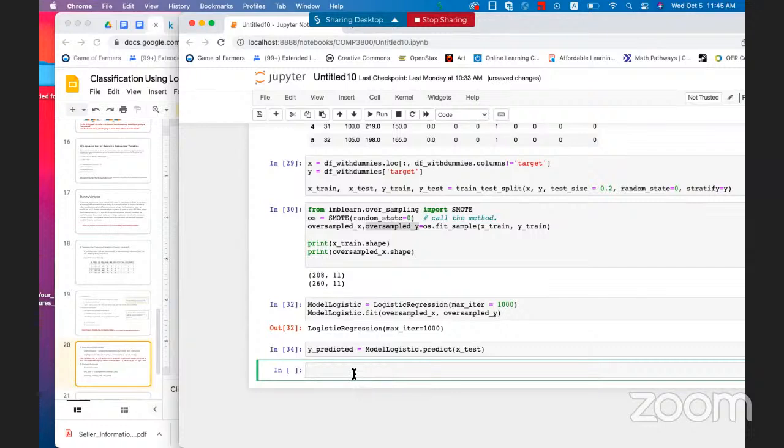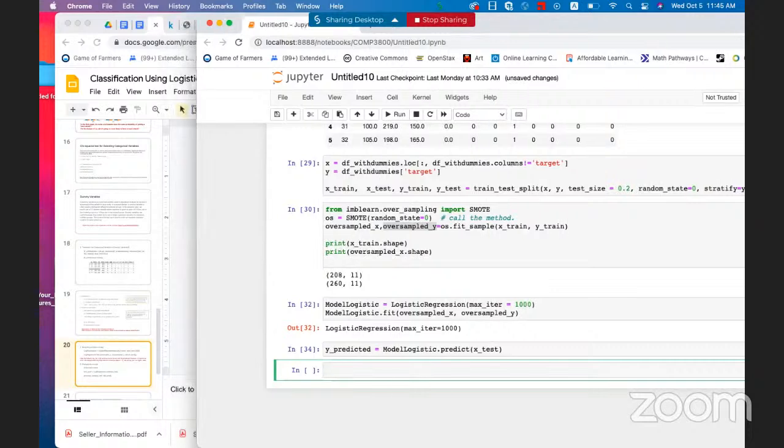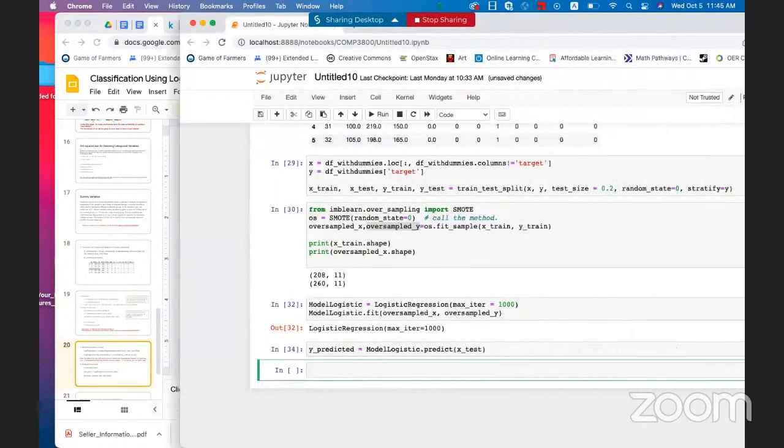Then we can compare the accuracy, how many were predicted correct and how many predicted incorrect. And that gives us the accuracy score. Okay. Can generate the accuracy score with the Y predicted and the Y test.